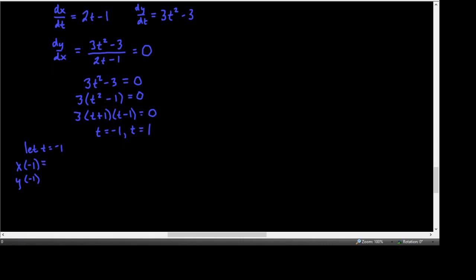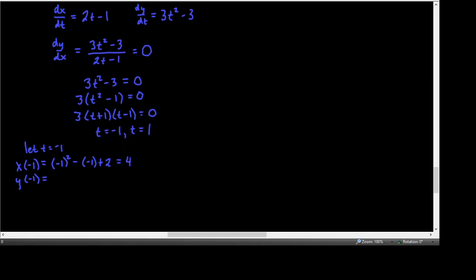So make sure you go back to the original declaration of what x and y are. X will be the input squared, t squared, minus that input plus 2. So that's 1 plus 1 plus 2 is 4.